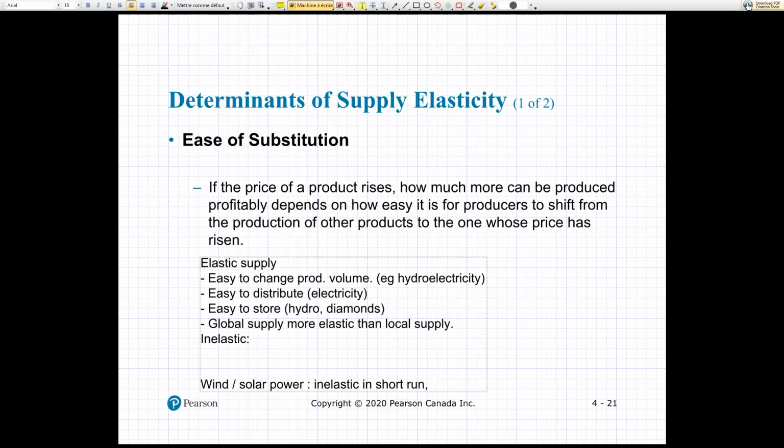But in the long run, if you know that there's higher demand for electricity, then there's infinite potential of wind or solar power in the world, so you can always install more. So elastic in the long run, since it's possible to install more.